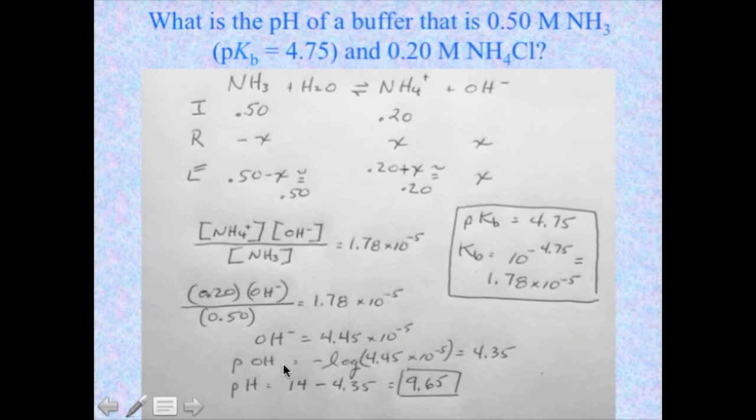Turn this into pOH, it's 4.35, but remember the question is asking for pH. So don't be one of the students who forgets what the question is asking for, and you select 4.35 as a possible choice because you forgot to convert it into pH, which is 9.65, 14 minus 4.35.